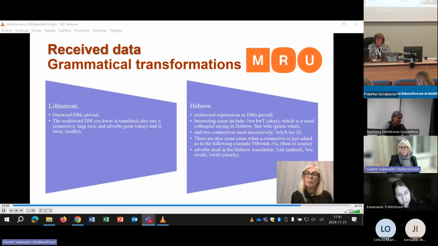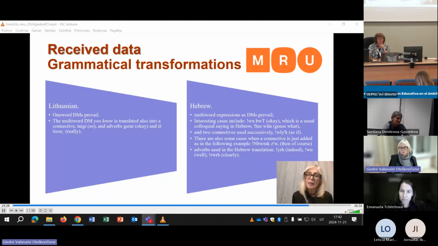In Hebrew, multi-word expressions as DMs prevail. Interesting cases include translations with "OK, additional word," which is a usual colloquial saying in Hebrew, or "guess what?" Again, also a colloquial saying in Hebrew.